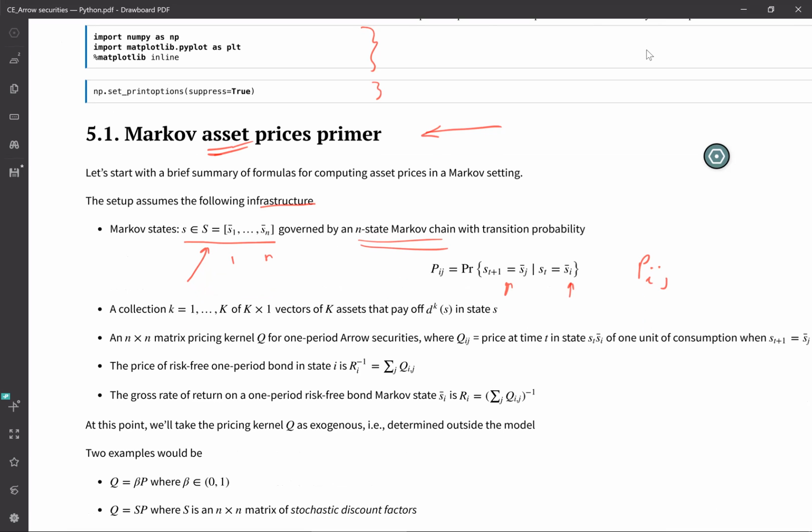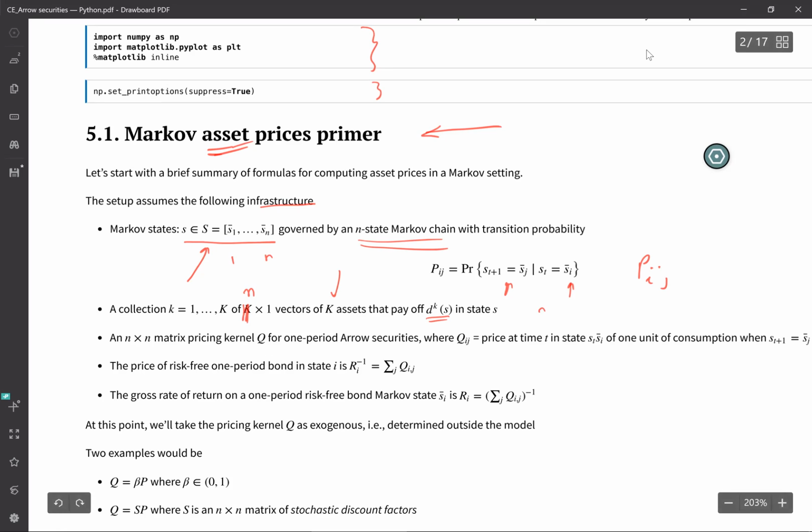We're gonna have a collection of assets. These are going to be n by 1 vectors. There's going to be k assets, numbered 1 through k, because I want to price a whole bunch of things simultaneously, that they're gonna pay off different amounts in Markov states.